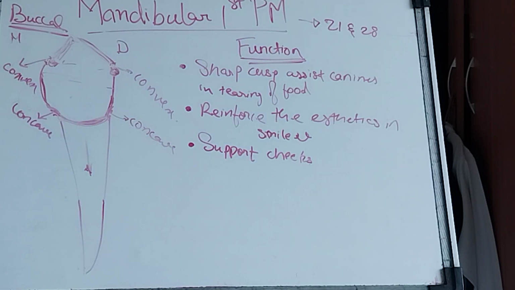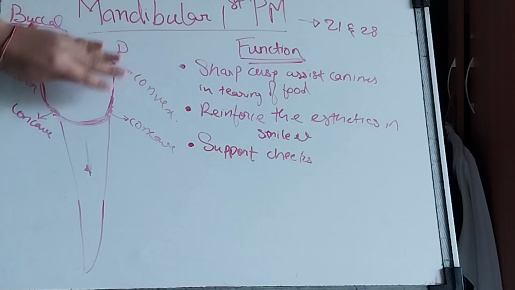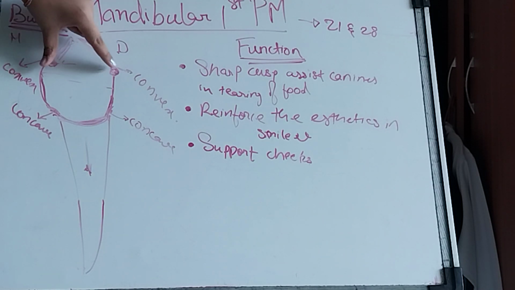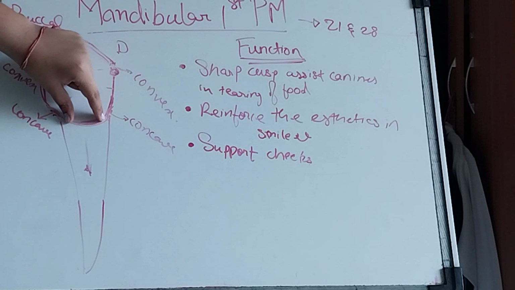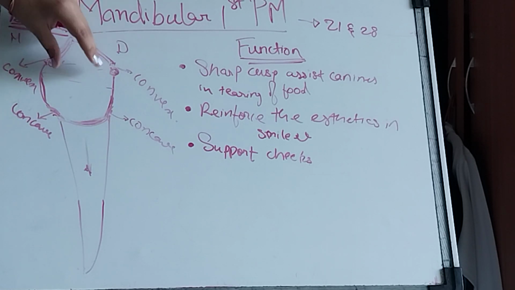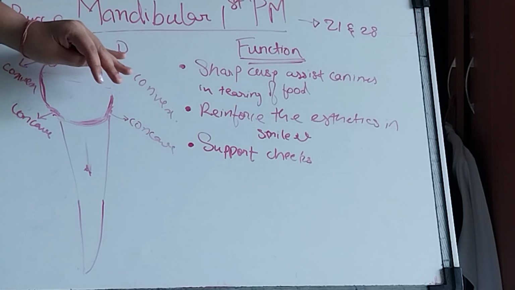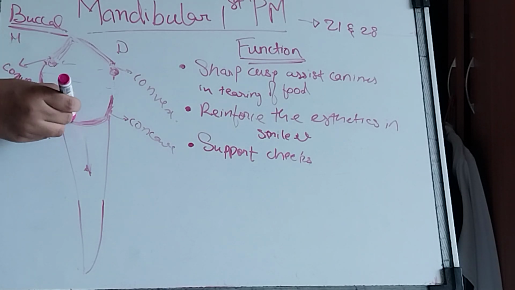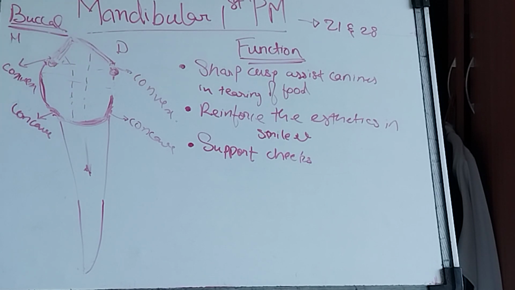Moving on, we will see the buccal surface. How is the buccal surface as such? The crown appears broad over here, and then it narrows at the cervix. The middle buccal lobe is well developed, and the buccal ridge is prominent. There is a buccal ridge like this, and it is prominent over here.